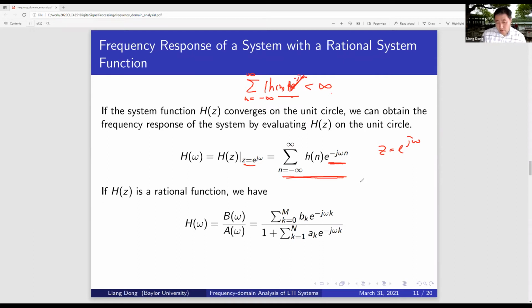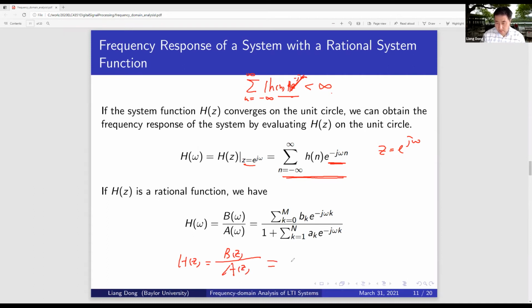If H(z) is a rational function, then I can write this in this format. Now, where does this come from? Well, it comes from the rational function of H(z), when H(z) is B(z) over A(z).